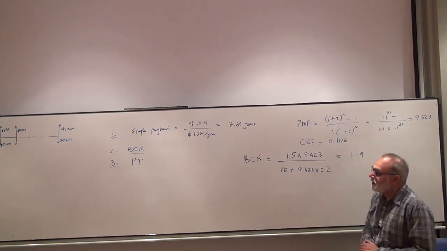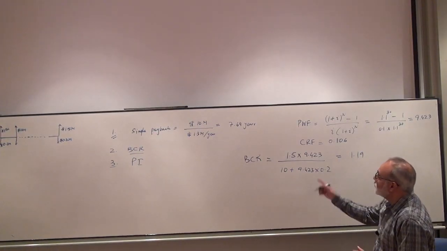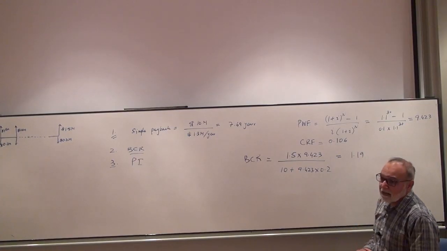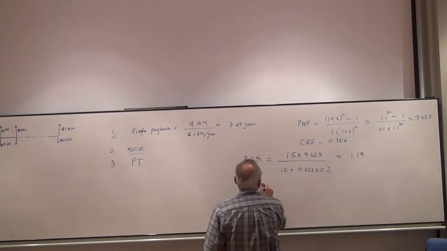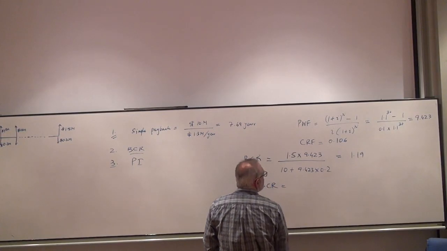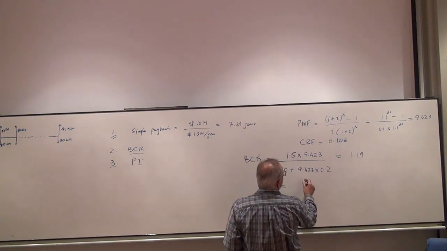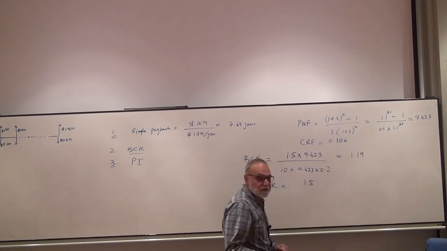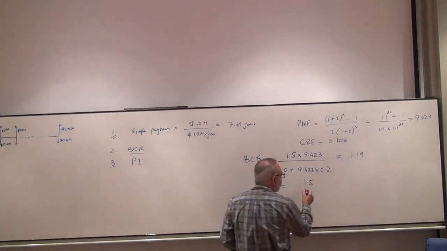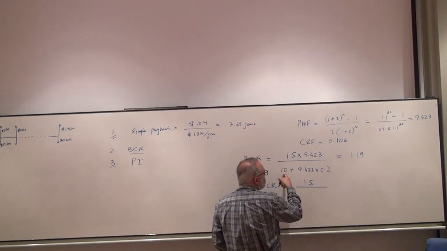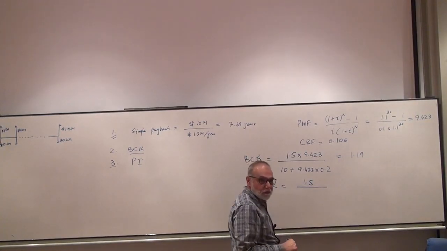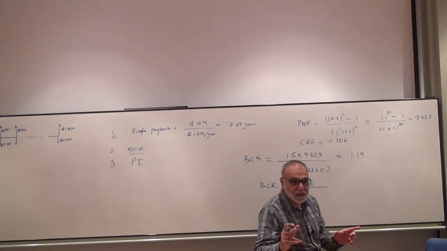Now, if you do it on an annual basis, the benefit cost ratio on an annual basis has 1.5 here, and then the initial cost you multiply with the capital recovery factor.